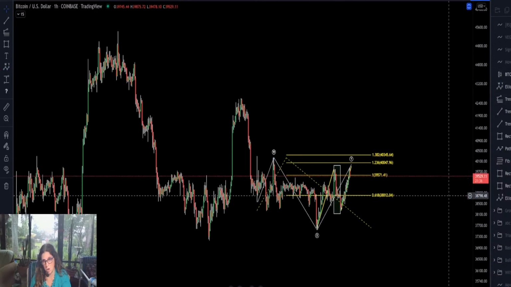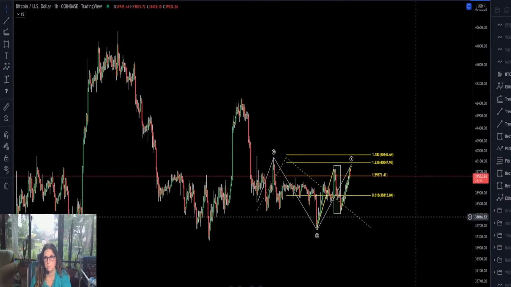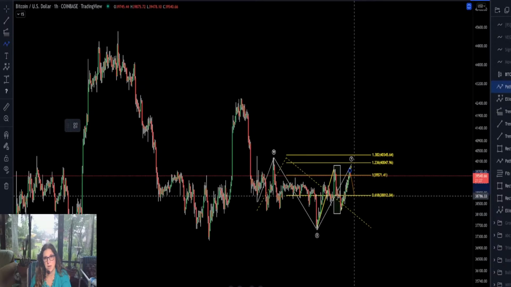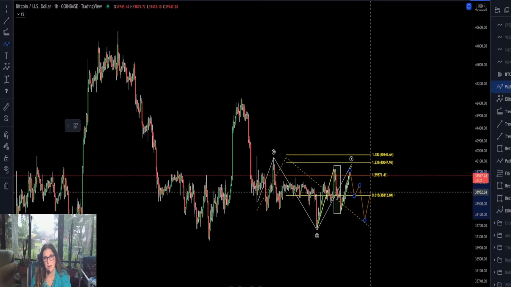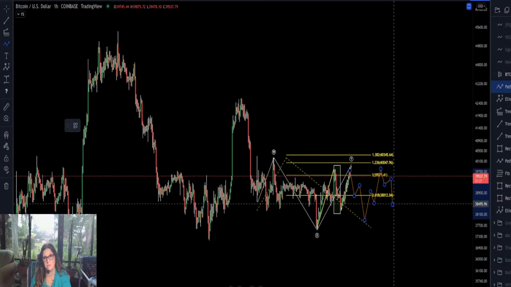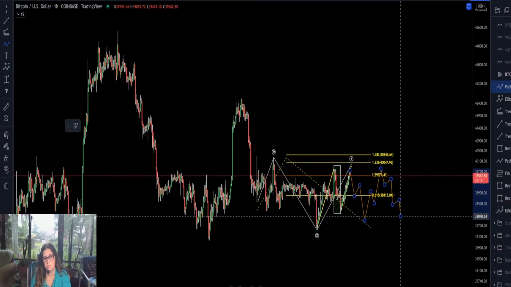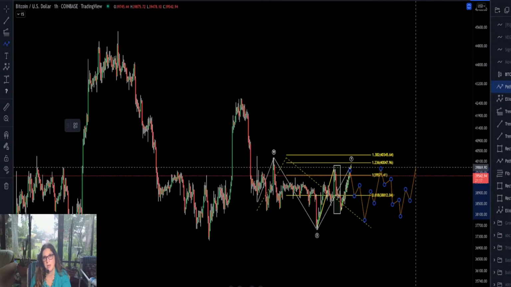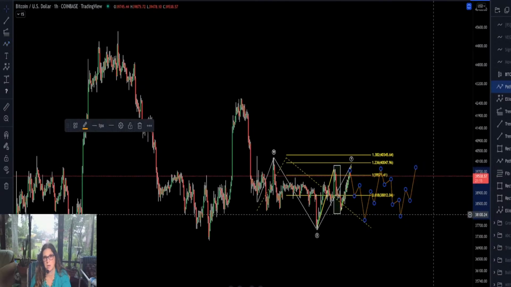Can it make longer? Yes, it definitely can. It can sit here and come down in 3, come back up in 3, maybe come down in 5, and then carry back up. I mean, it can drag this out, guys.